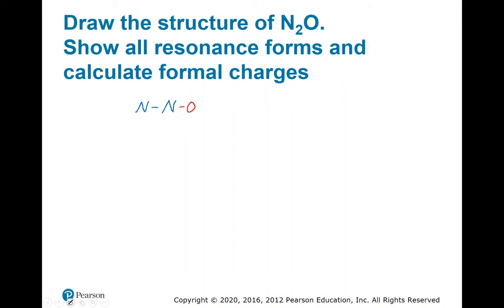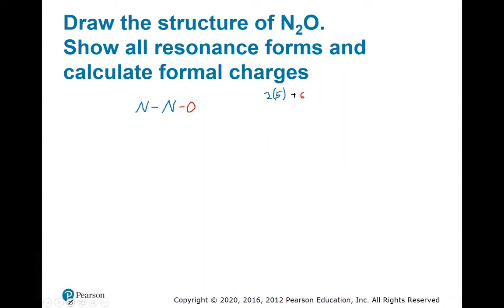With any example, we need to know how many valence electrons we're dealing with. Each nitrogen has 5 valence electrons, and there are 2 of those, so 2 times 5. Then we add to that 6 electrons from our 1 oxygen.